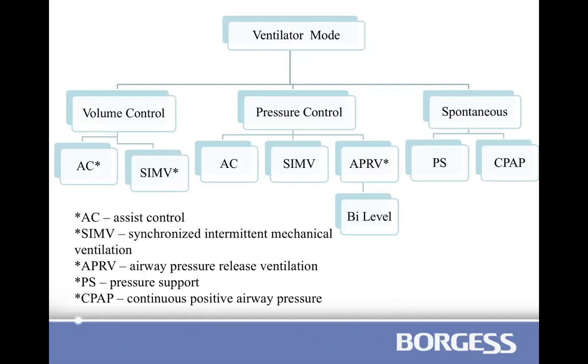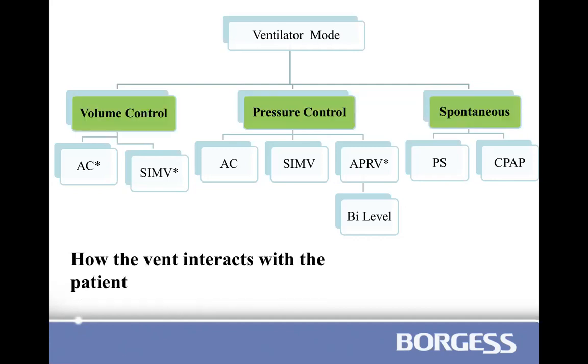So this is how I like to view vents. I like to have everything in sections so that it's easy to understand. The vent basically has 3 different modes. And again, the top row is how the vent interacts with the patient. You can have it set to a volume control, a pressure control, or basically nothing, which is spontaneous.